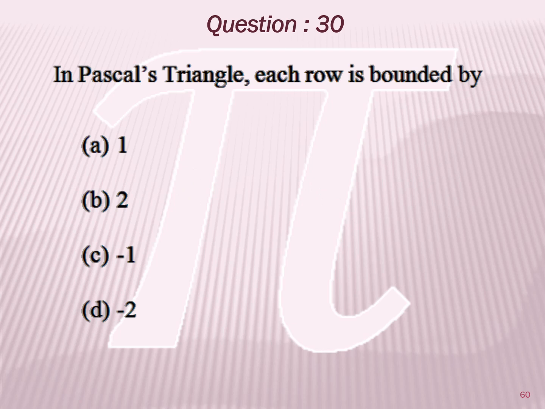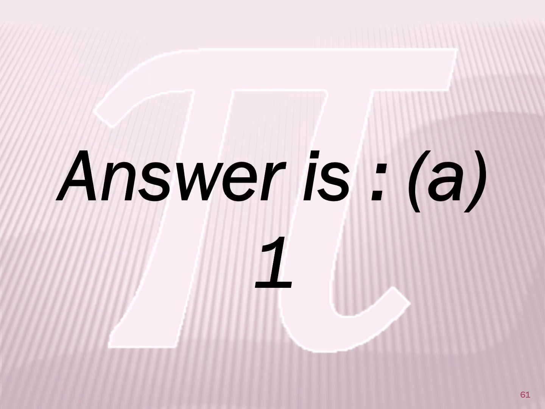In Pascal triangle, each row is bounded by option A 1, option B 2, option C -1, option D -2. Question is option A, that is 1.